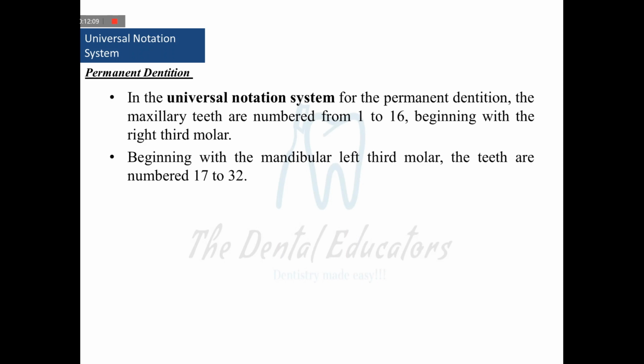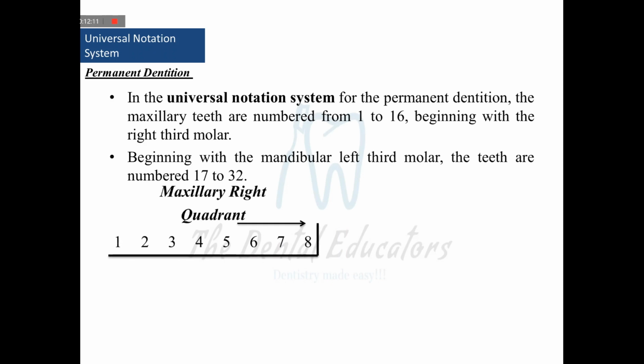So how do we count it? We can see in this illustration that we started to count the maxillary teeth from the third molar on the right hand side. So the third molar on the right quadrant is labeled as number 1. The second permanent molar is labeled as 2.